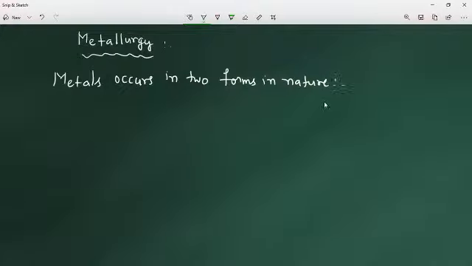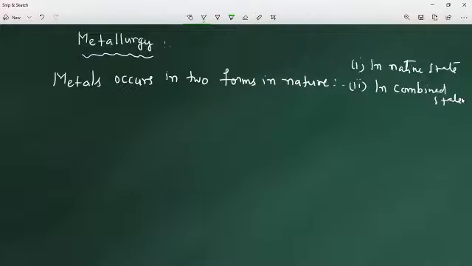The two forms: one we will call as native state, they are available in native state, and also they are available in combined state. That means directly the metal availability, and indirectly it is combined in different compound states also, it is there in the nature.